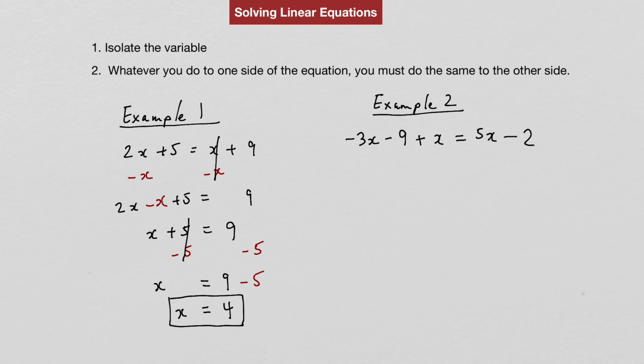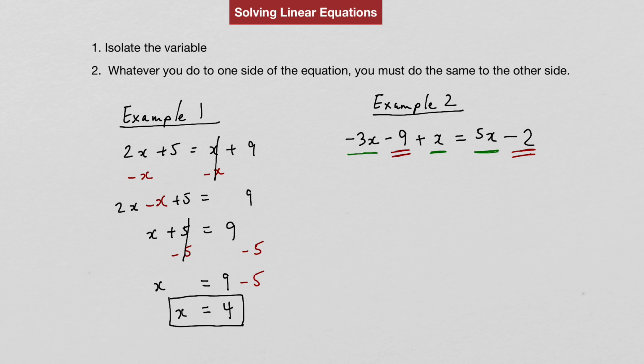First we need to identify where the like terms are. The first like terms are negative 3x, an x, and a 5x. Those are like terms because they all have something to do with an x. The other like terms are negative 9 and negative 2. Those will be our focus.